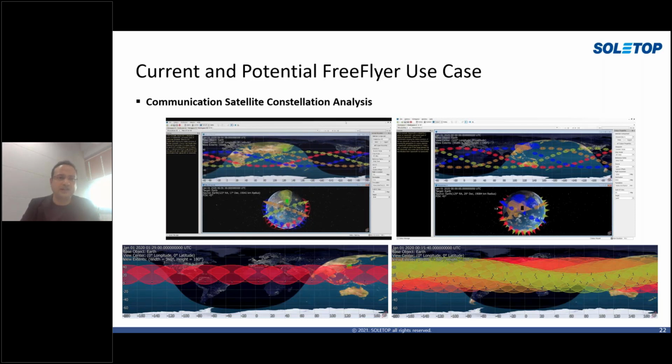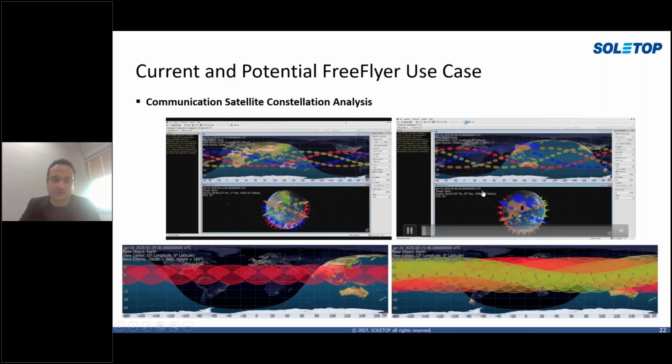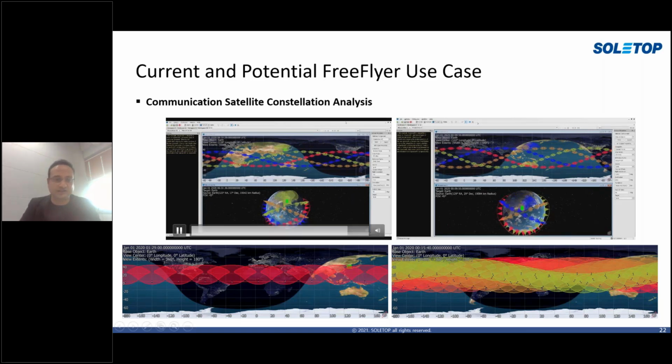So this scenario is a communication satellite constellation analysis for one of our customers, and there is another scenario with multiple ground stations that was discussed recently with another customer. This is a very critical and important application here in Korea using FreeFlyer, and we are in discussions with a lot of different customers about this, generating business at the same time.